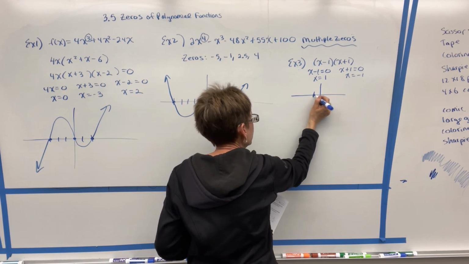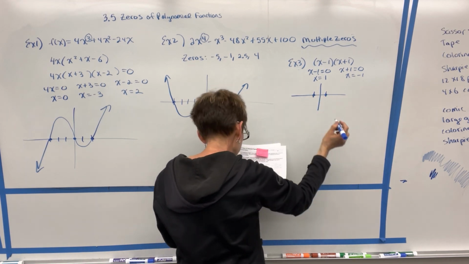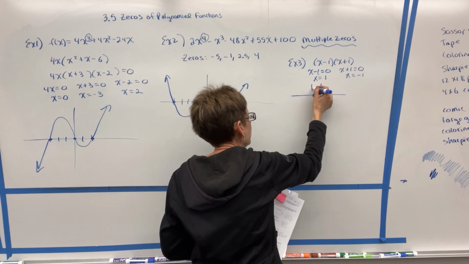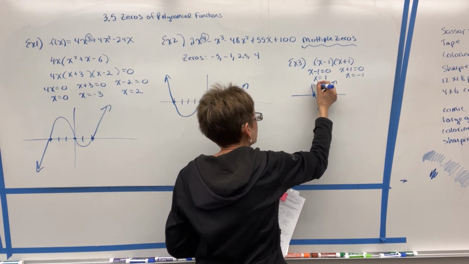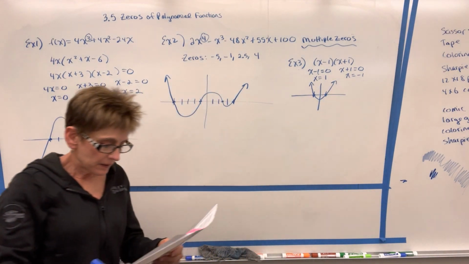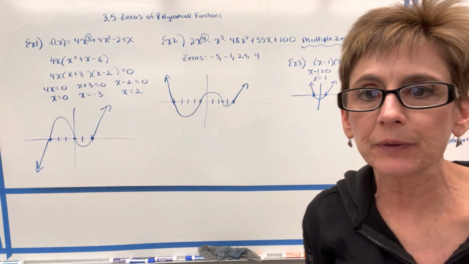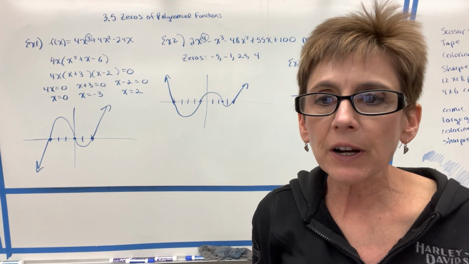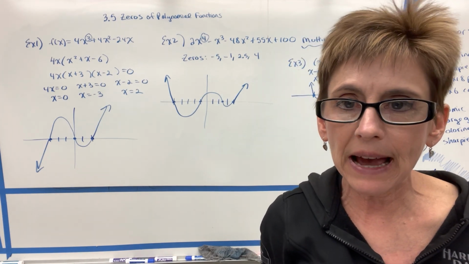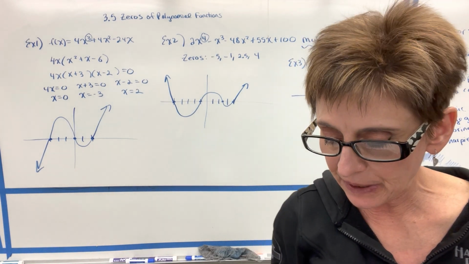So all this is telling me is that the function is going to cross the graph at those zeros. If the factor occurs an odd number of times, for instance 1 time, the function will cross the graph where that intercept is.